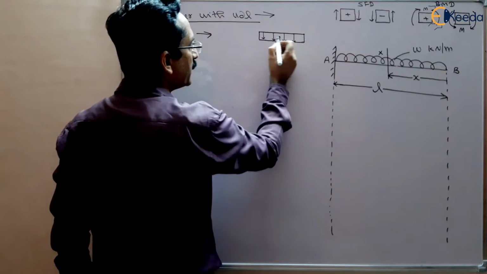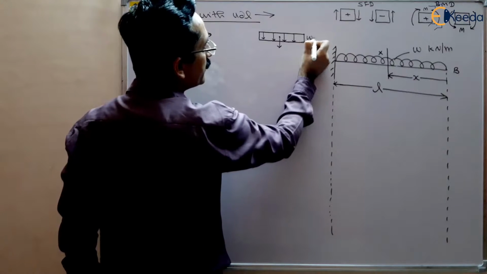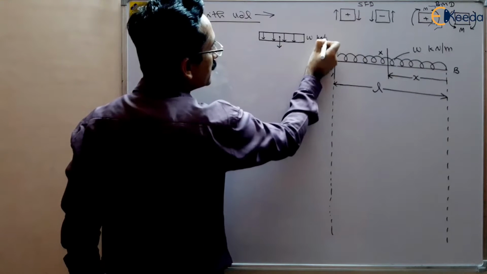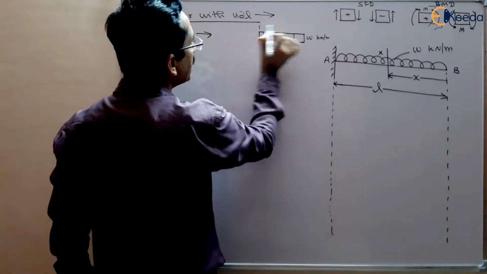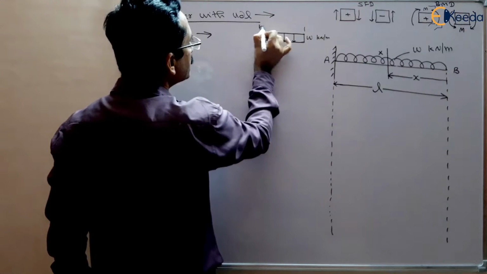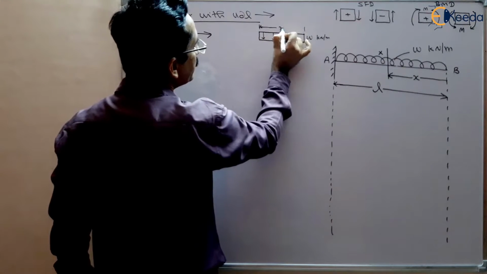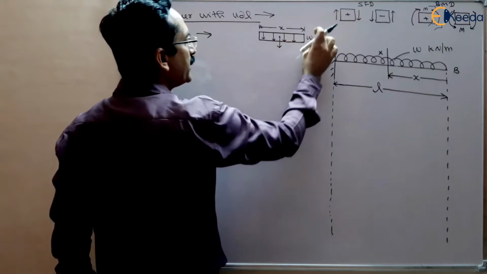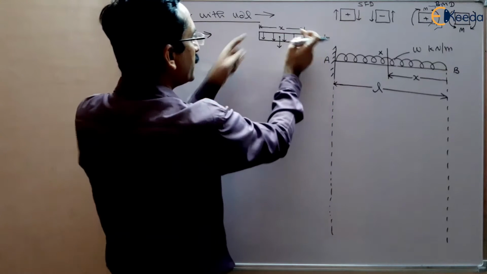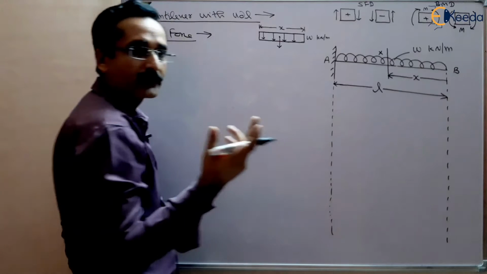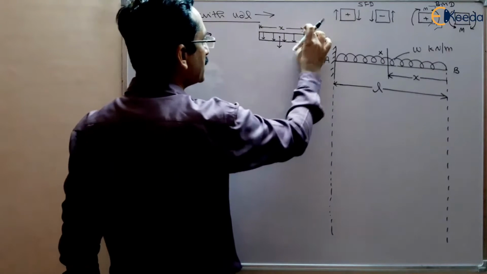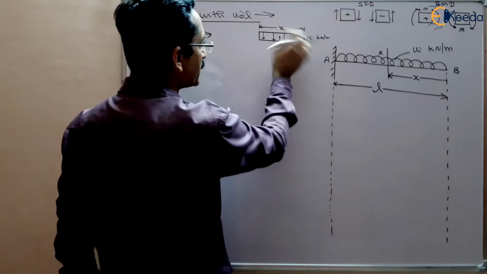The total load, if it is W kilonewton per meter and this length is X, will be W multiplied by X, because the area of the rectangle is the multiplication of the two sides.